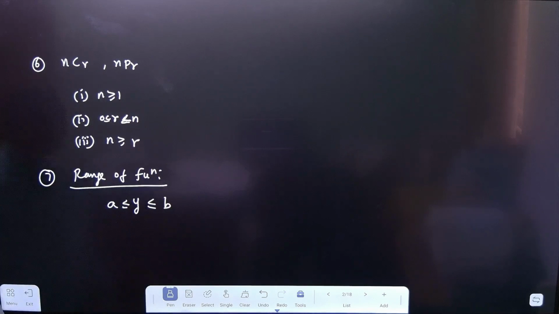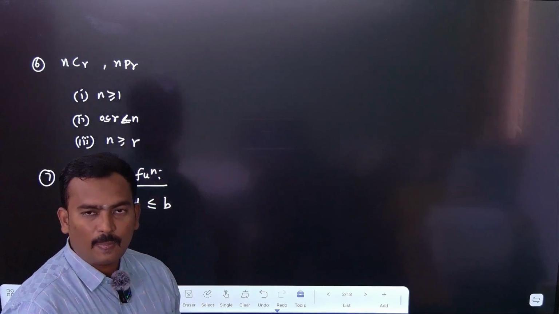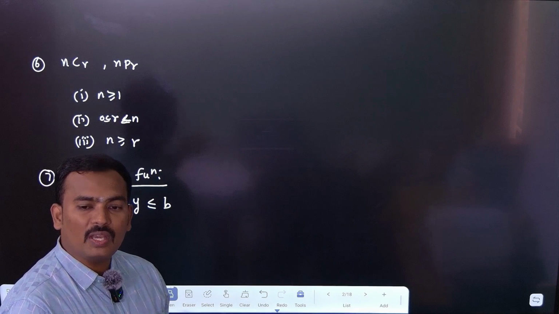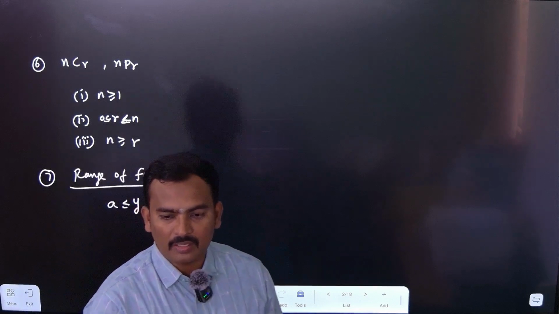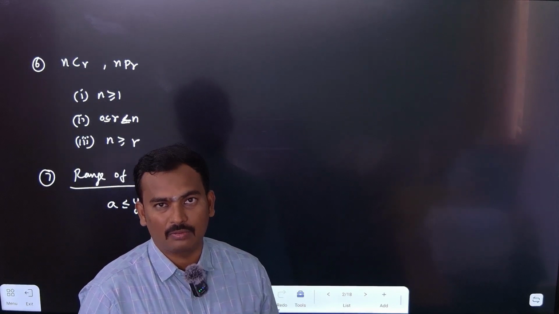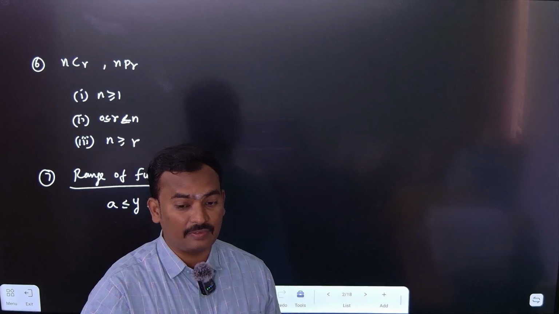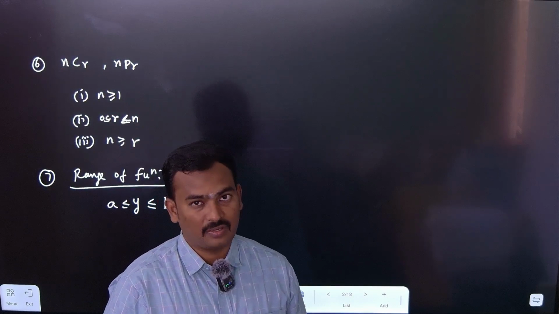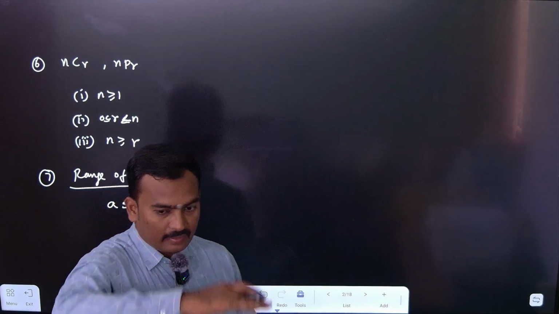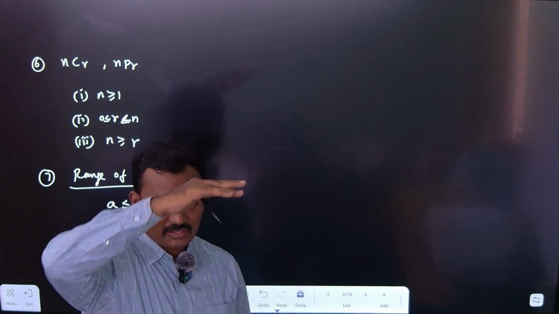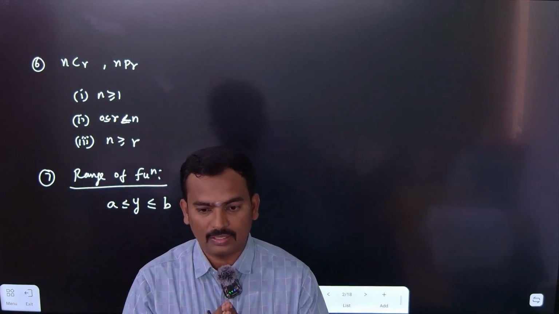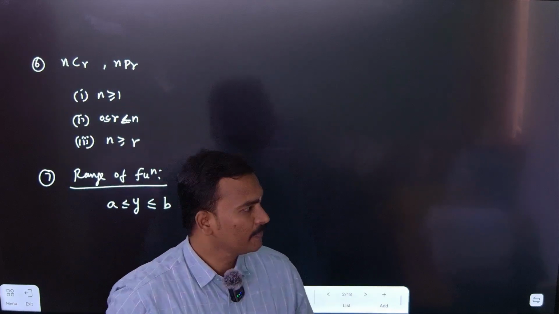So this is the range. The same way we find the domain: domain is just collecting the defined x values, and in the same way you collect the defined y values. That's the range. Where the y values lie, that is the range; where the x values lie, that is the domain. Clear? Okay.